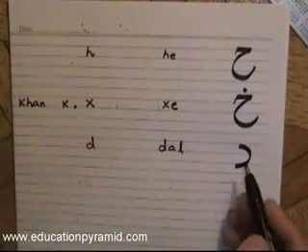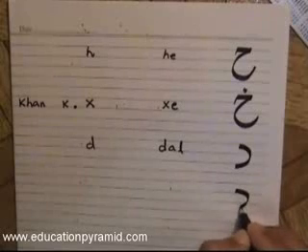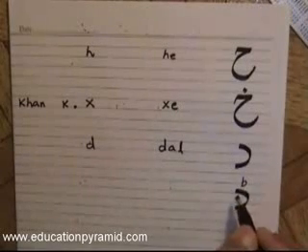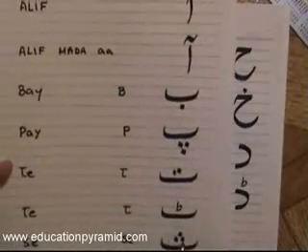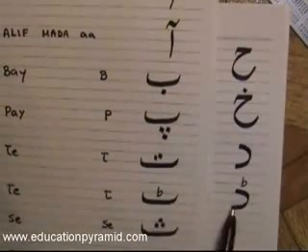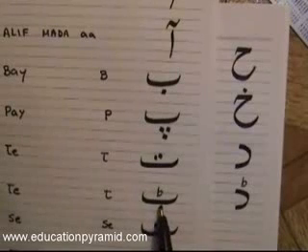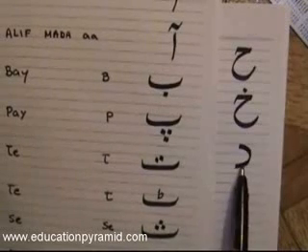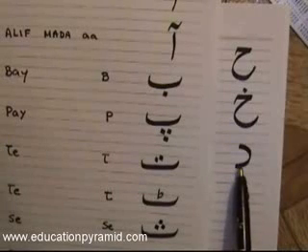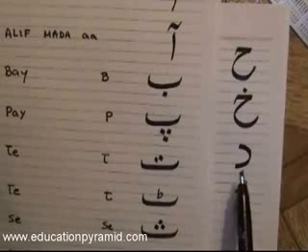Then we have another Dal sound, D, again the tip of the tongue. If you go to the previous page, you can see the similarities in these two. Here we have Te, tip of the tongue. Here we have soft Dal, like when we use in English Di.